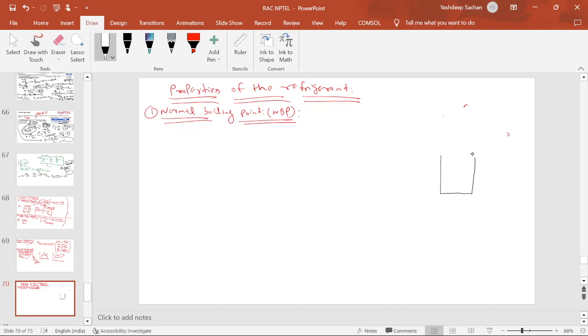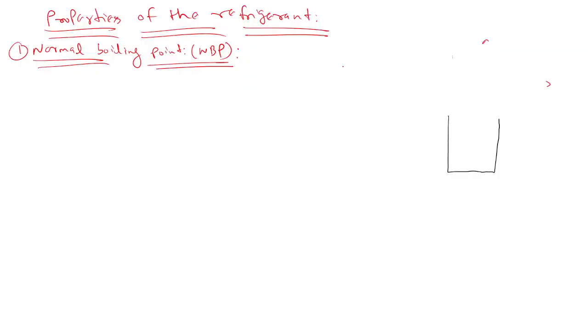So for the normal boiling point, at 1 atmospheric pressure, when the refrigerant will start boiling or start evaporating.